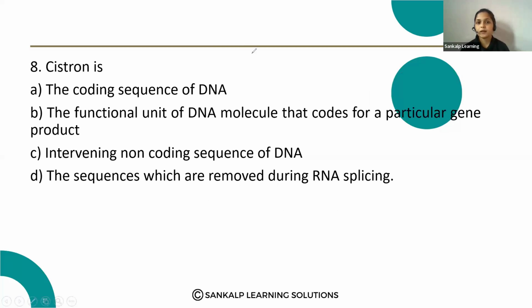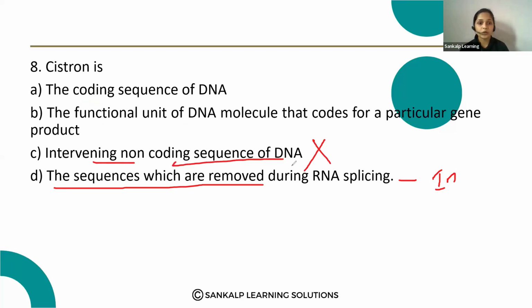Next question. Cistron is the coding sequence of DNA, the functional unit of DNA molecule that codes for a particular gene product. Intervening non-coding sequences of DNA are the sequences which are removed during RNA splicing; they are called introns. So that option is not right.